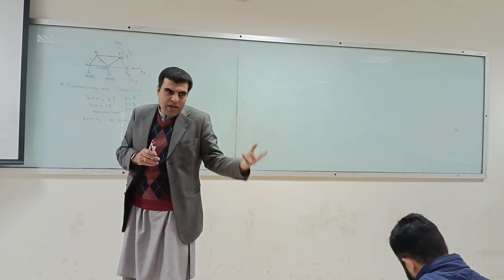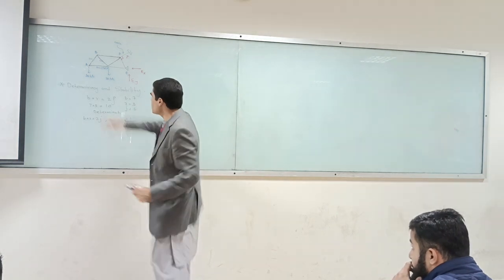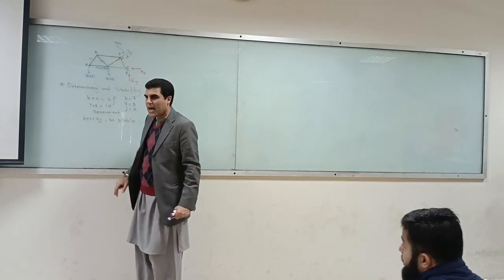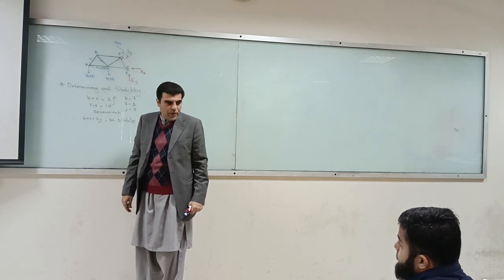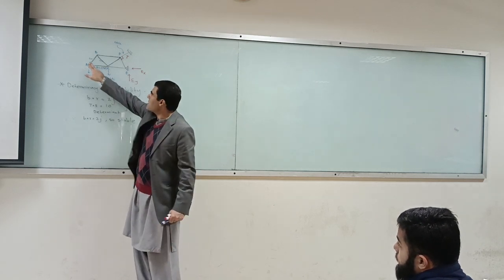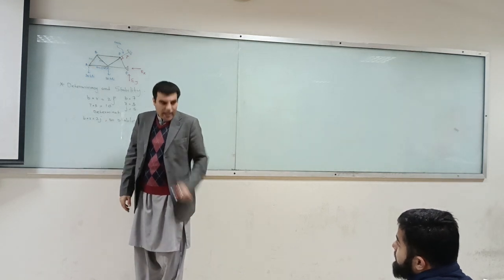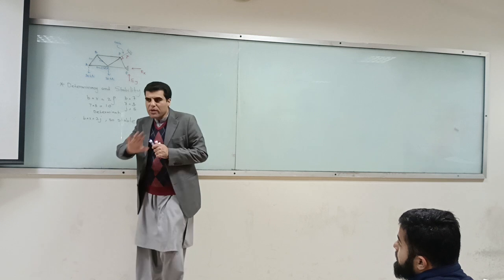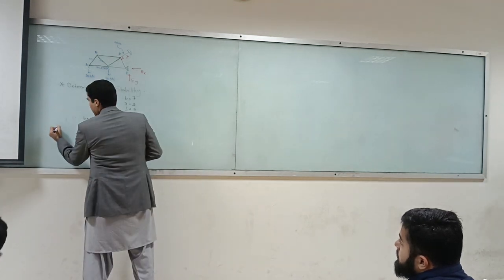Sometimes you can solve it without finding reactions. Why? Because you just start from here. How many unknowns do you have? 2, and you have 2 equations. So you can find these forces without knowing the reactions. But anyway, we will follow what is normally done and find the reactions.